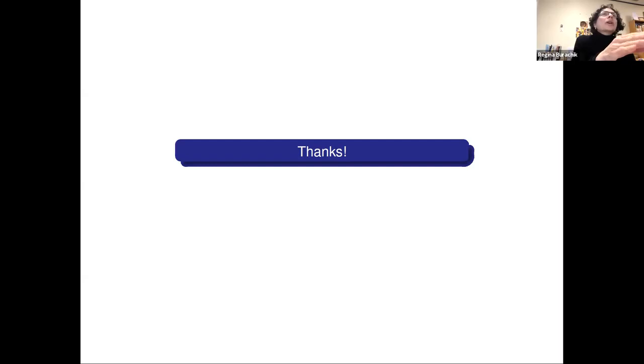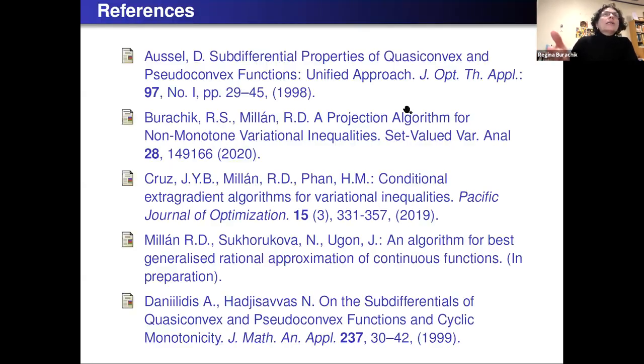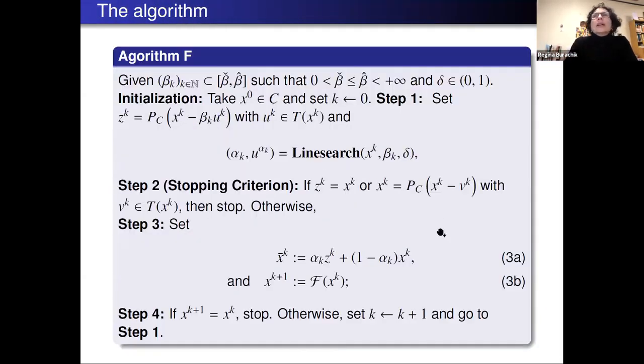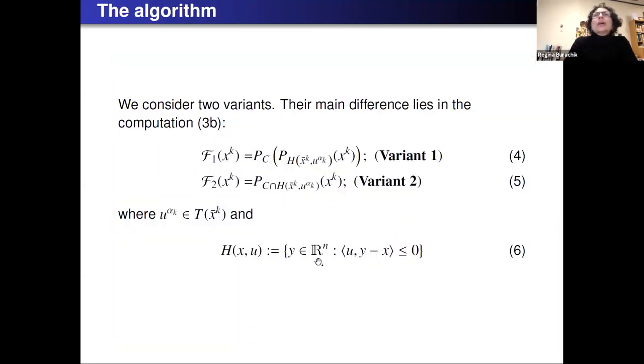And just another question. If in the algorithm, instead of having the projection onto that intermediate hyperplane H that separates the current iterate from the solution set, could a projection onto some other closed and convex set that separates also give you convergence?